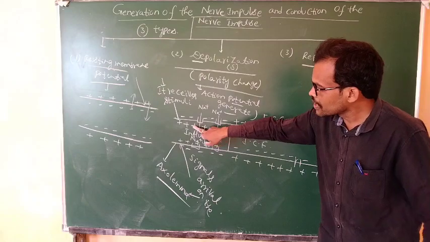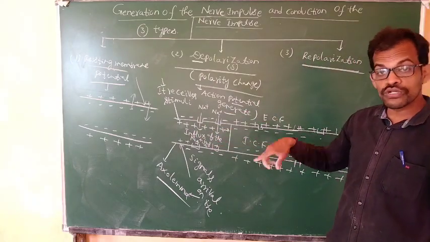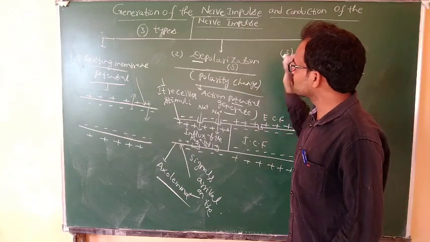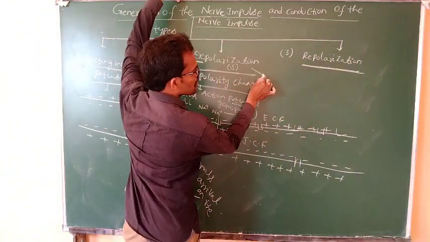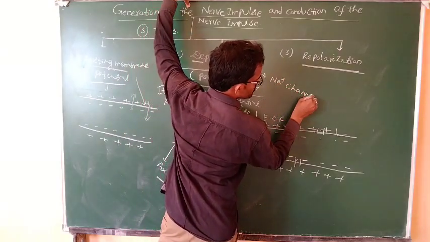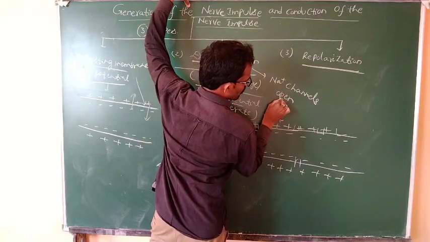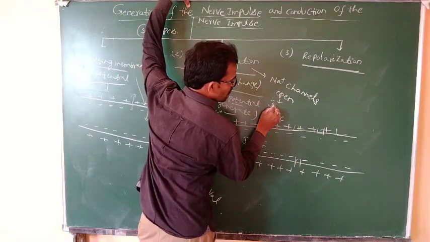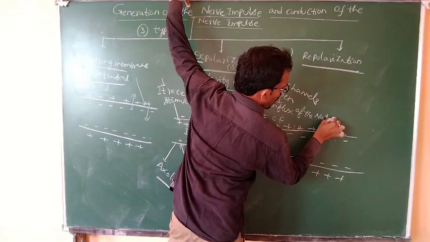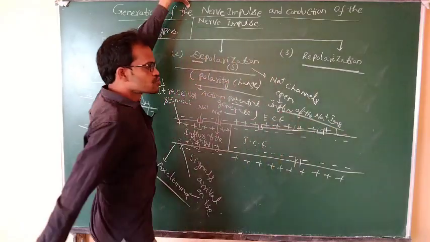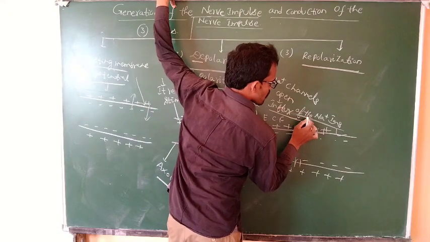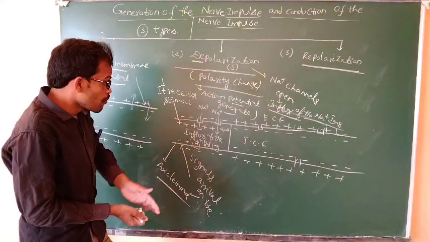When the positive ions move inside, voltage gated channels open during depolarization. In the depolarization condition the sodium channels open, which means an influx of sodium ions. Sodium ions move into the inside.